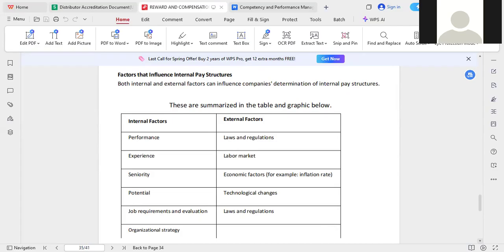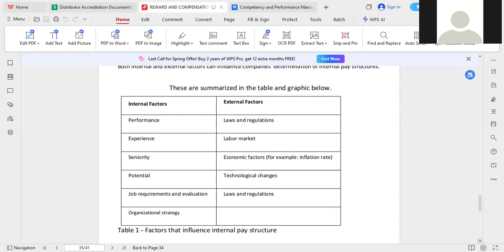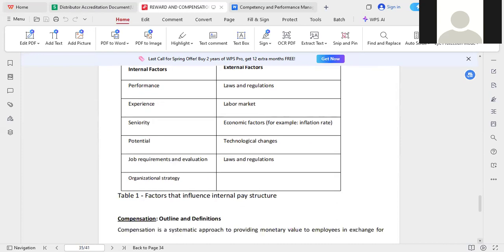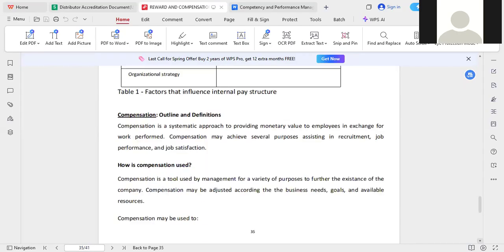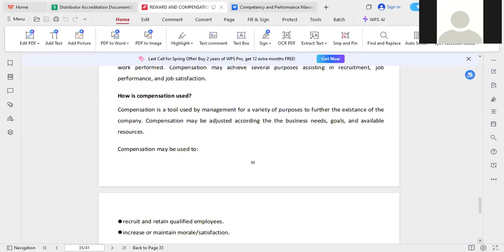So, factors that influence internal payment structure. Number one, internal factors like performance, your experience, your potential, what you can do, and organizational structure. Then we have external factors like laws and regulations, labor markets, economic factors, and technological changes. All of these are different factors that play a great role in determining how rewards and compensation, or how internal pay structures, are developed.